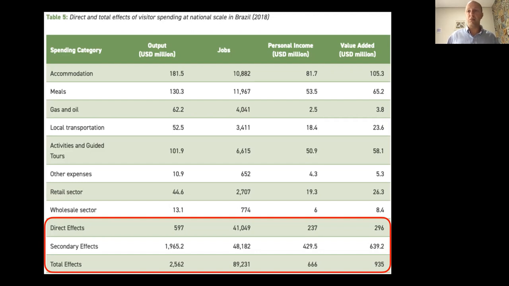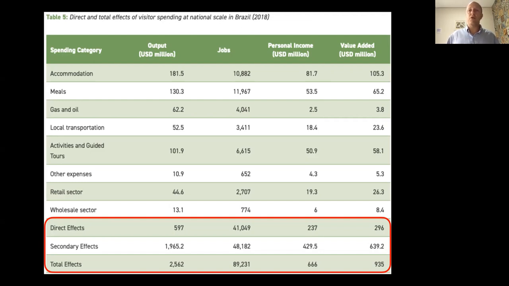So just to summarize the impact on the Brazilian economy, as output, total effects were about $2.5 billion in sales in Brazil, generating almost 90,000 jobs, just from the national protected areas in Brazil, generating a personal income for owners and employees of around $666 million, and a value added to the Brazilian economy of almost $1 billion.